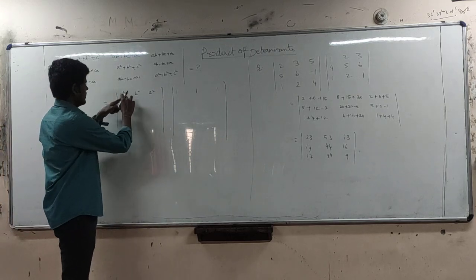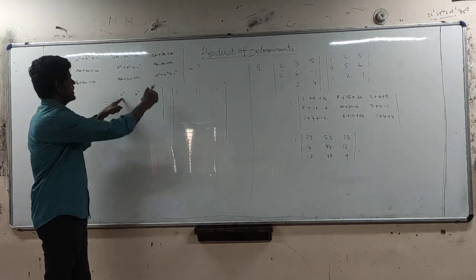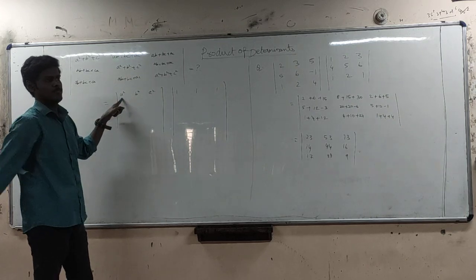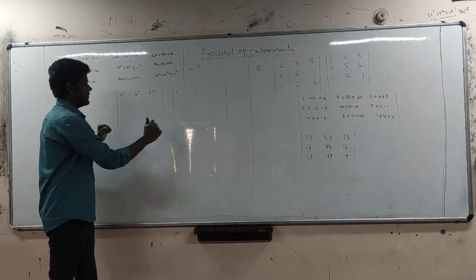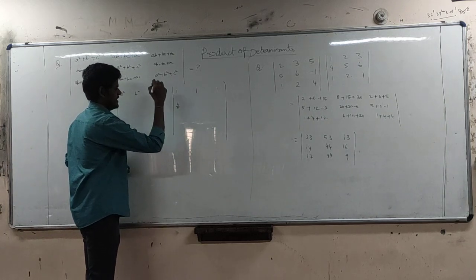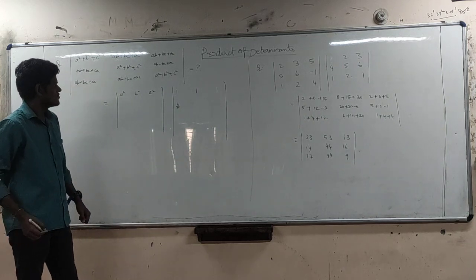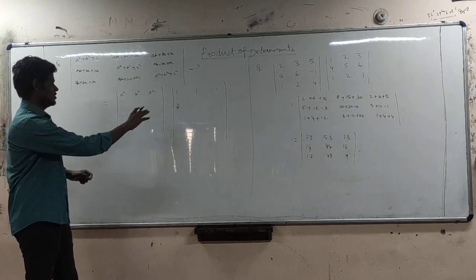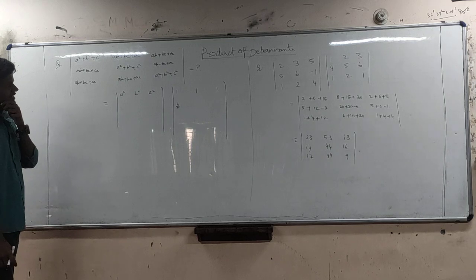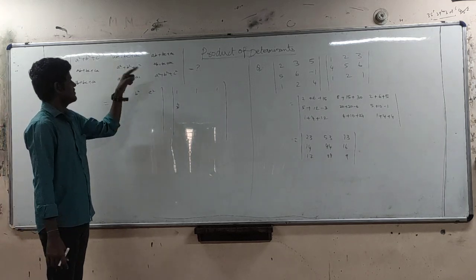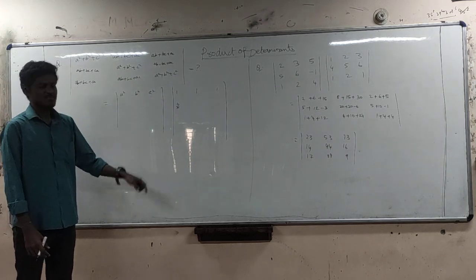So we have a square and we need the ab term. How to get ab? Multiply by b by a. But this doesn't look good. So b by a, then c by a, c by b.